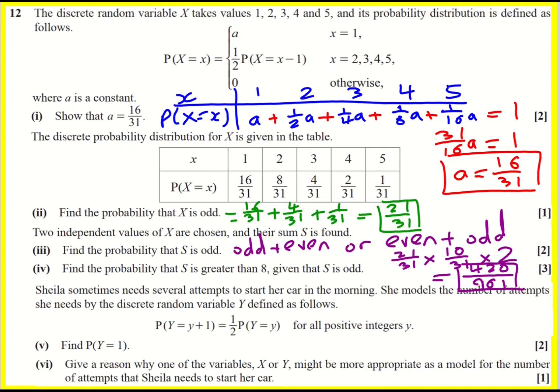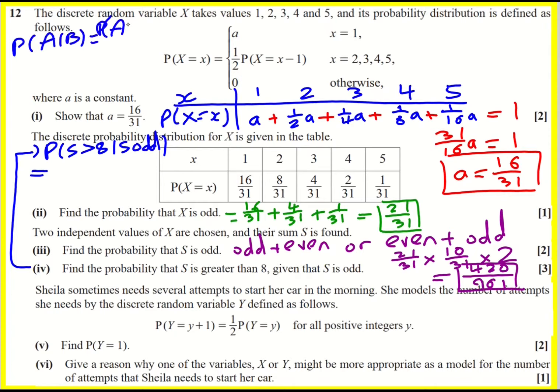Right, now we're asked to find the probability that s is greater than 8 given that s is odd. Probability s greater than 8 given s odd. Now this is our conditional probability. So the probability of A given B is equal to the probability of A and B over the probability of B. We're essentially reducing the sample space.